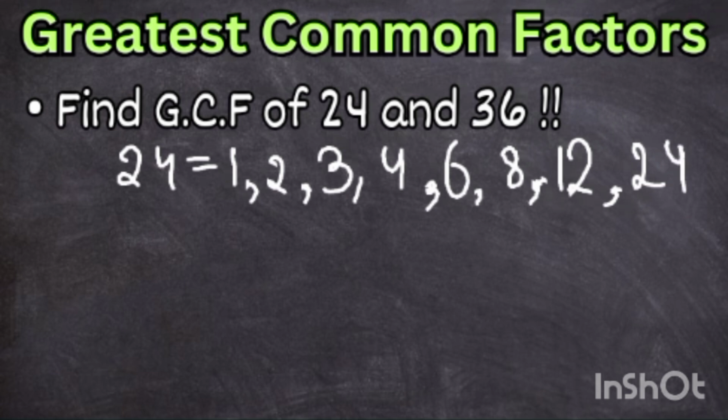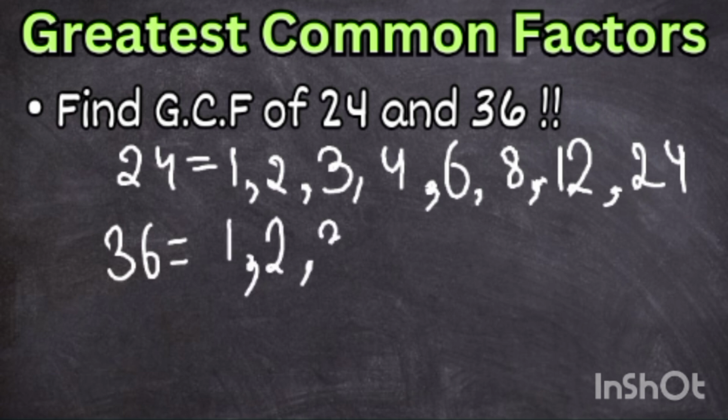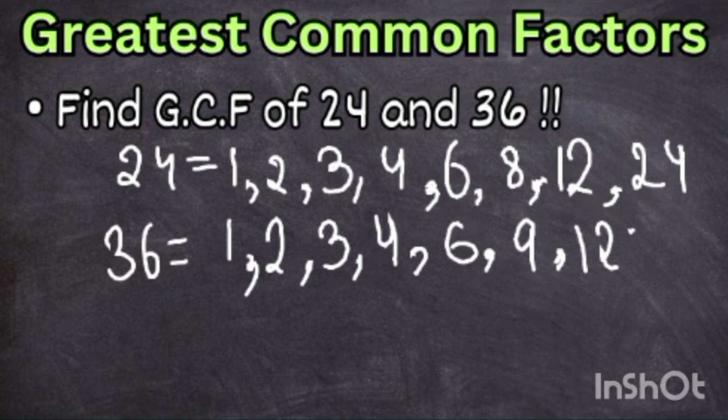Now we are going to list all the factors of 36. So the factors of 36 are 1, 2, 3, 4, 6, 9, 12, 18 and 36. These are the factors of 36.